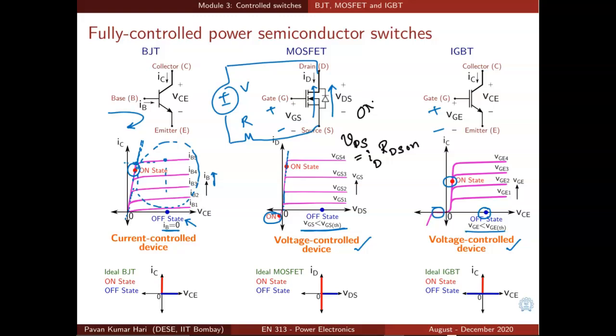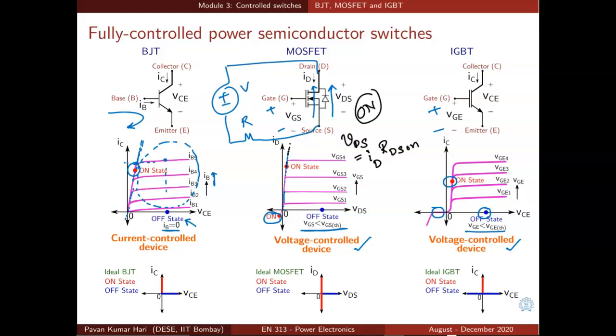It's in the on state, because the operating point is just lying on the straight line, and the inverse of the slope here is the RDS on. What is RDS on? The resistance between drain and source of a MOSFET when it is in on state.